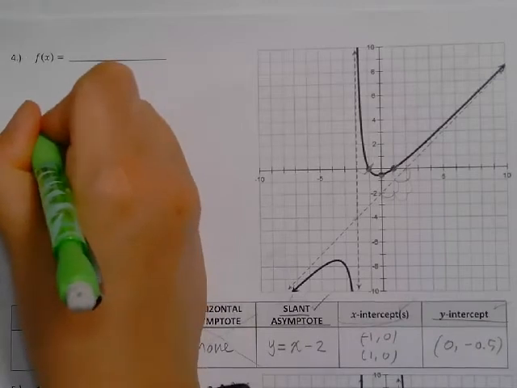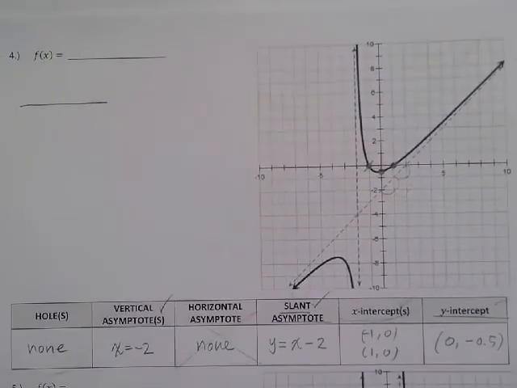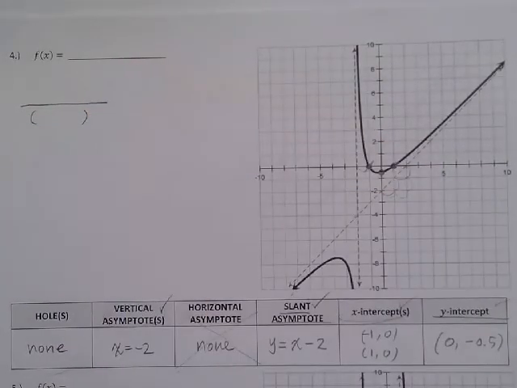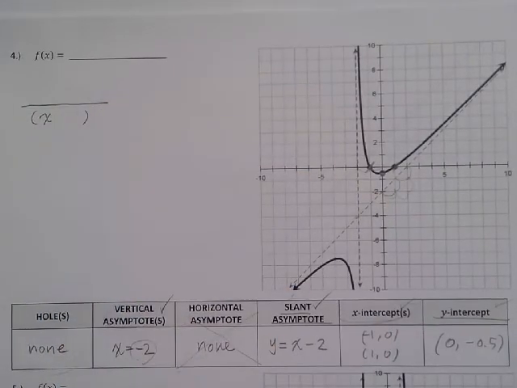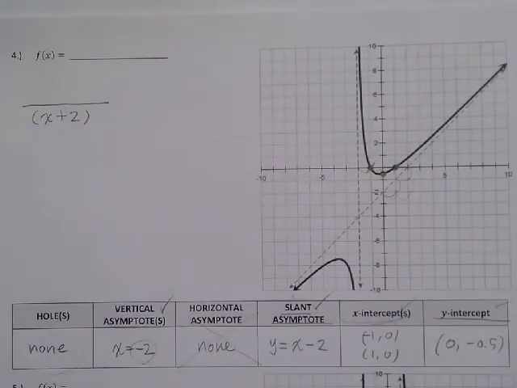So at least I have something on the denominator. There is one factor, in parentheses, and what's inside? It's -2, so x plus 2 on the bottom.